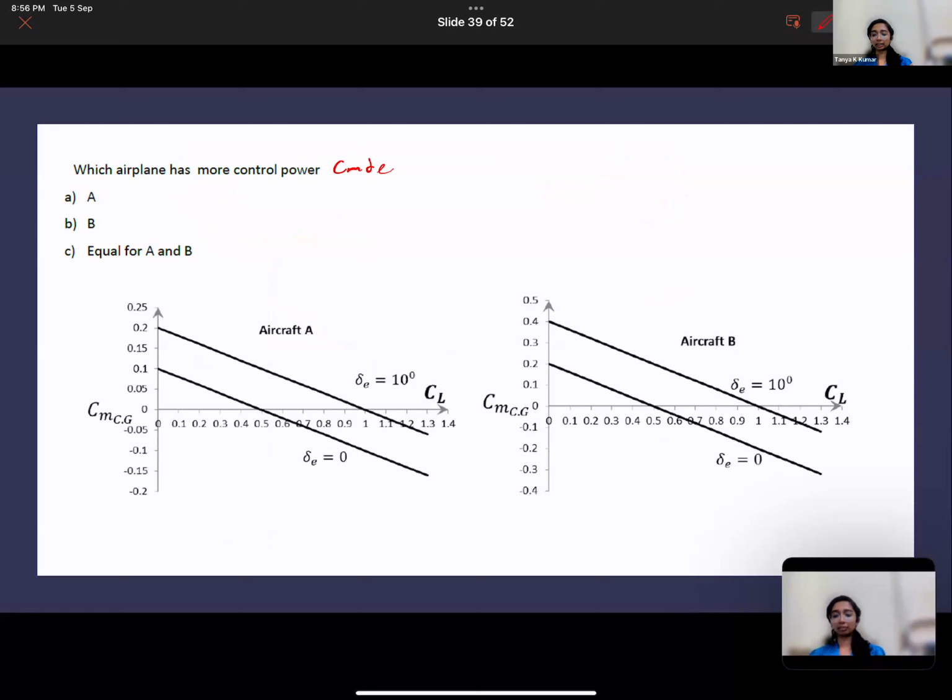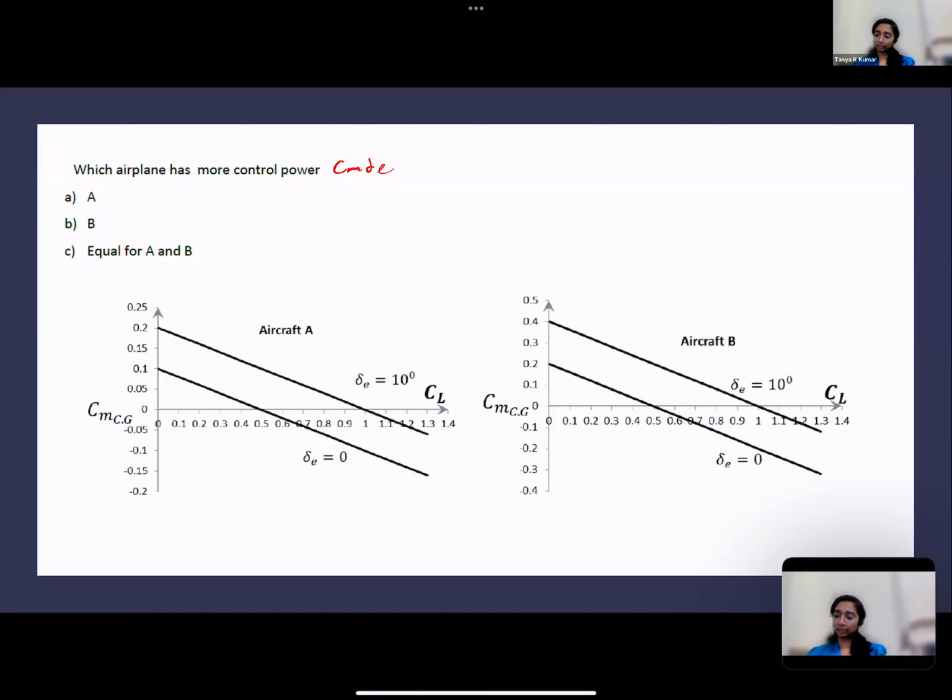So which graph has more CM delta E? A. Can you tell me how?